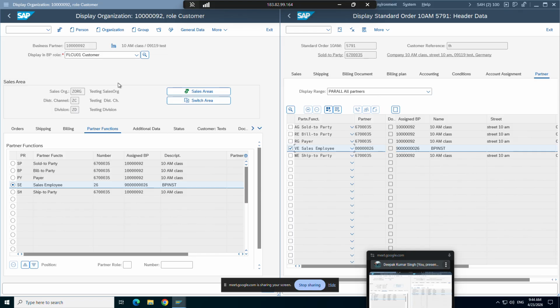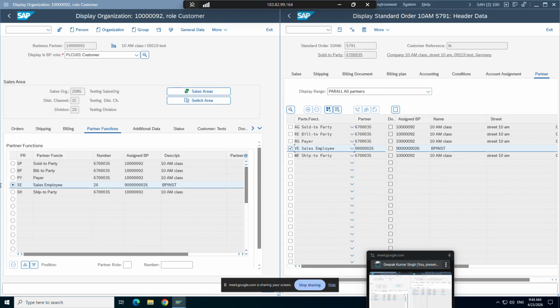In the customer master, what is the partner function for sold to party? SP. But in the sales order, what is it? AG. So AG, don't get confused. Both are the same actually.